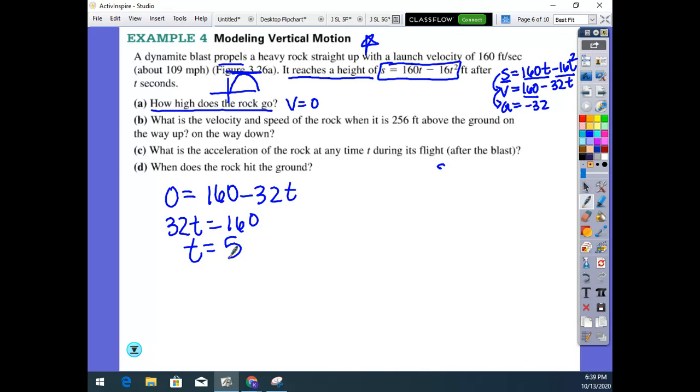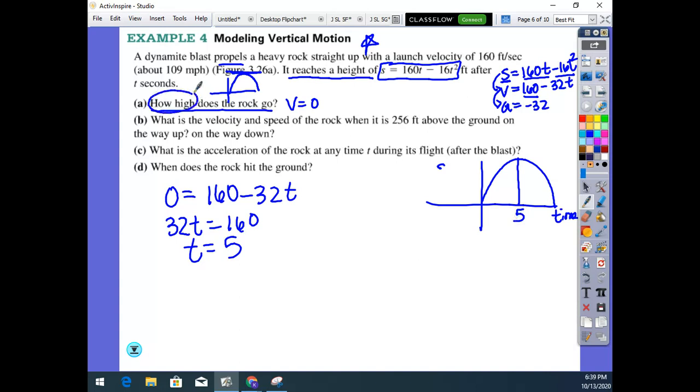Now we have to be careful. If we think about our graph, let me just put the graph over here. We always graph x in terms of time. This tells me I reach my peak when my time is 5. Is that the question though?